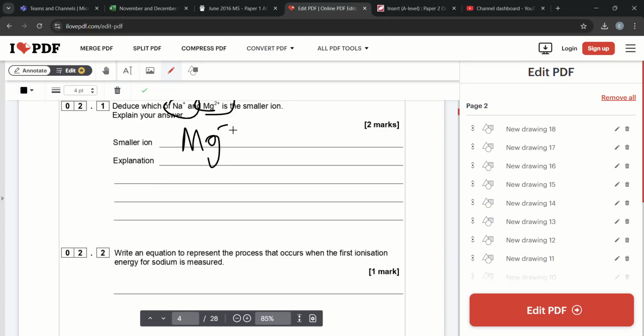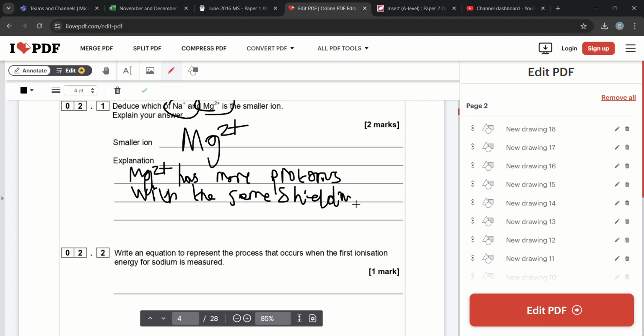Reason being, Mg2+ has more protons with the same shielding.